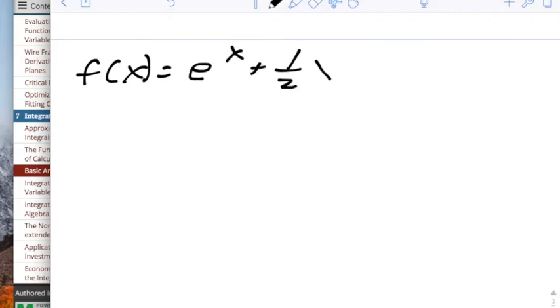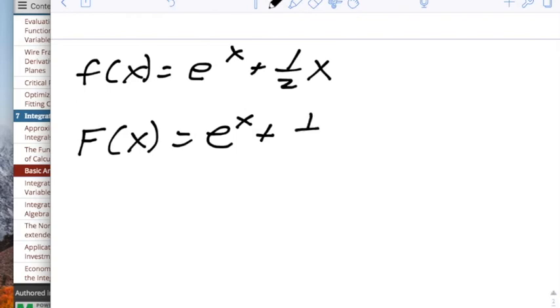I want to go a little further down the page and look at what would be problem 5. I'm interested in the case where f of x is equal to e to the x plus 1/2 to the x. Its antiderivative: well, the antiderivative of e to the x is just e to the x.